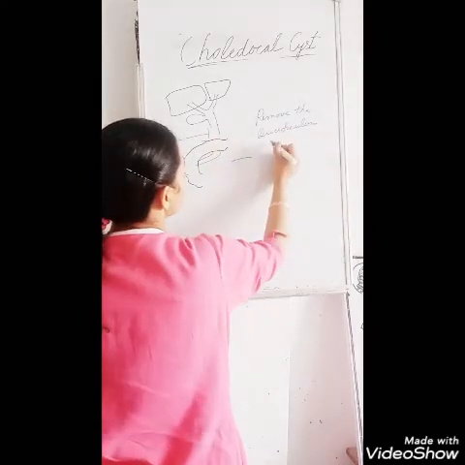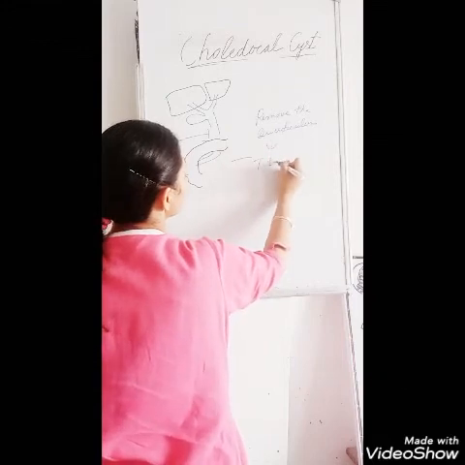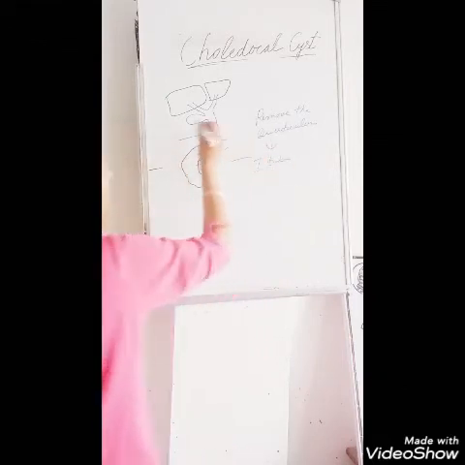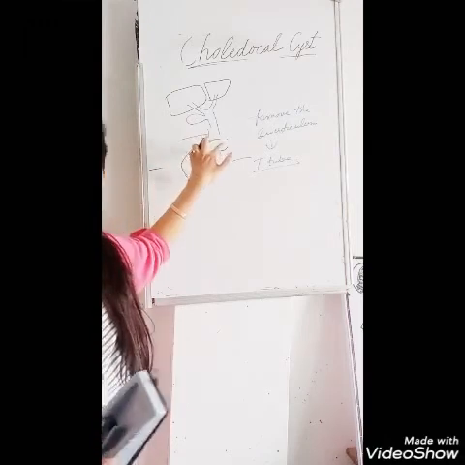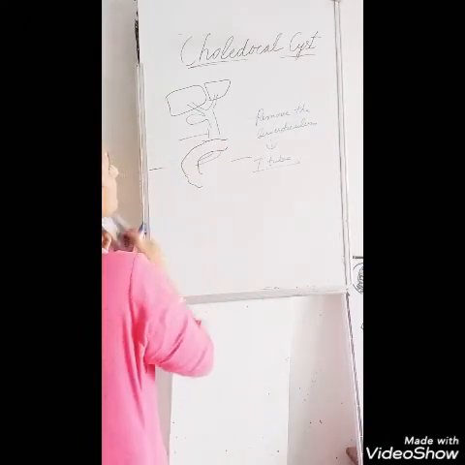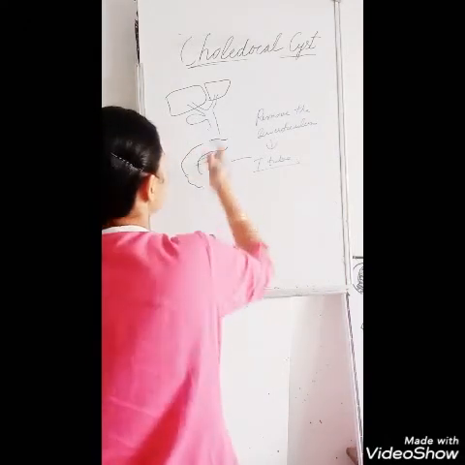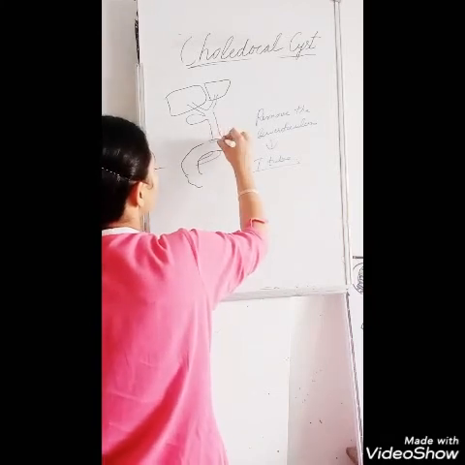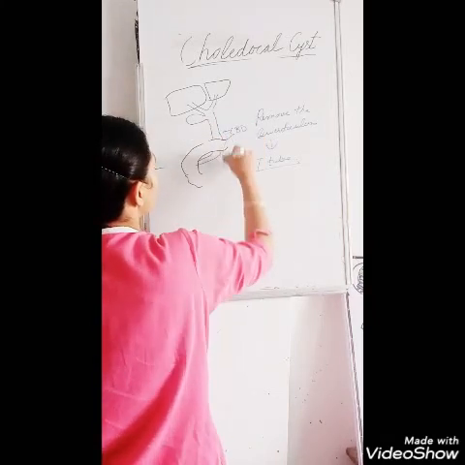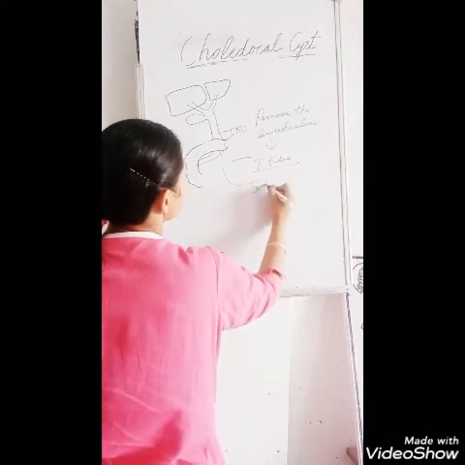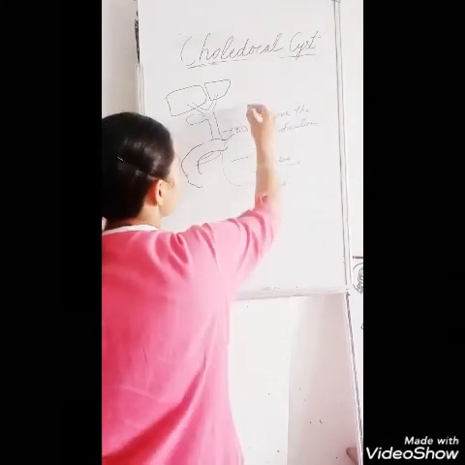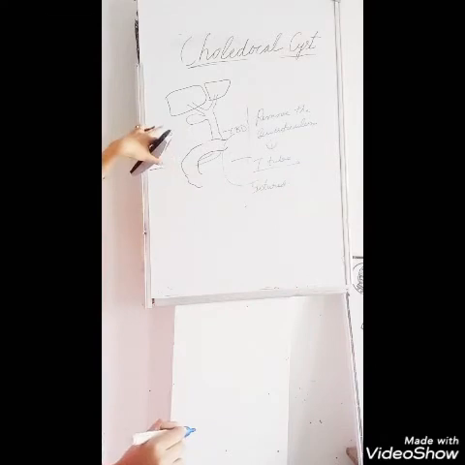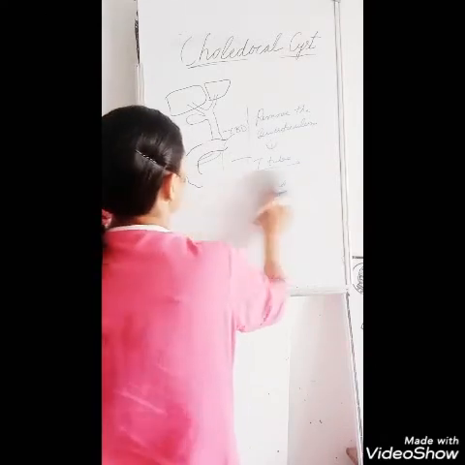So after that, T tube insertion. The T tube is inserted to drain out the contents, and after draining, suturing is done. Then the common bile duct will be sutured. So there are 3 steps in case of the second type, that is when the diverticulum is formed.